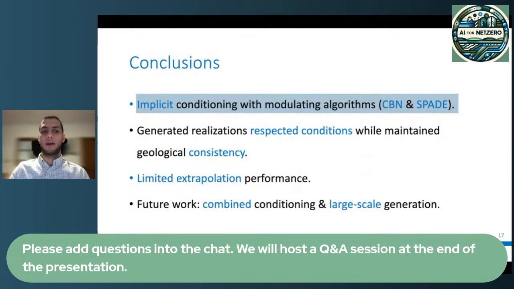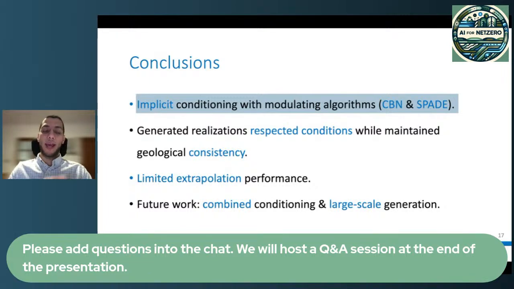So with this, I'll conclude my presentation. Using the modulating algorithms like conditional batch normalization or SPADE allowed the generative model to learn the correlation between the data points and the conditions in an implicit way.